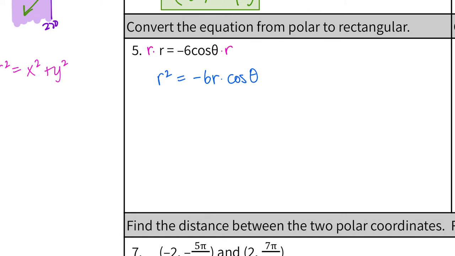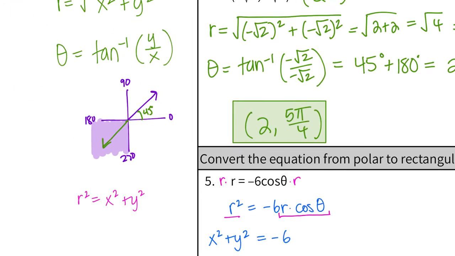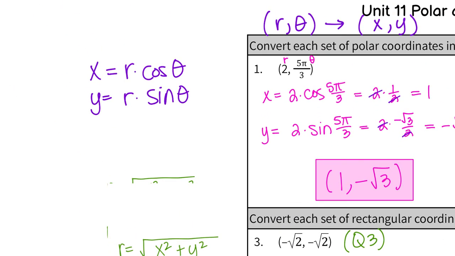Okay, now I can replace this r squared with x squared plus y squared. And not only that, so I saw my negative 6, but r times cosine theta, I'm going to show you up here, r cosine theta is just x, so I can replace that with an x.